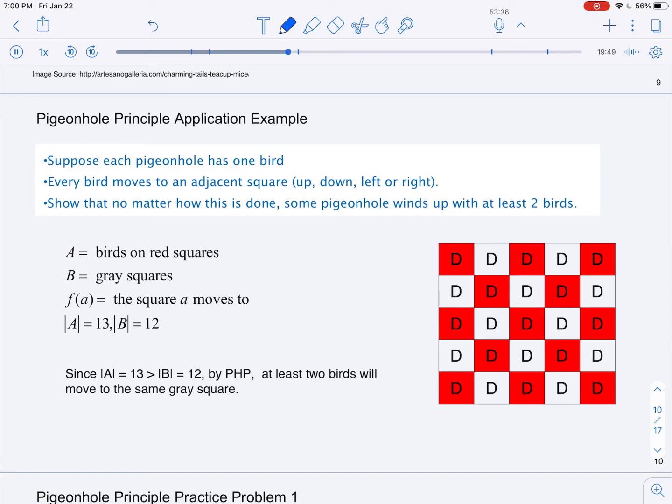Since the cardinality of the set of birds on red squares is 13, and that's greater than the number of gray squares, which is 12, by the pigeonhole principle, when the birds move, at least 2 birds will move into the same gray square.